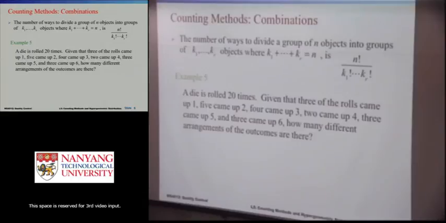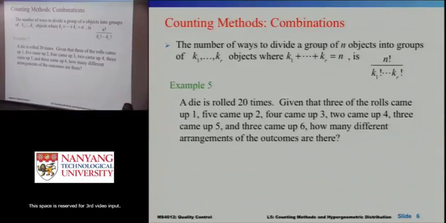So we get this. Then we can see 3 of them come up 1, 5 come up 2, 4 come up 3, 2 come up 4, 3 come up 5, and 3 come up 6. And how many different arrangements of these outcomes are there? In this way, we don't care about the first time it comes up 1, or the second time it comes up 1.